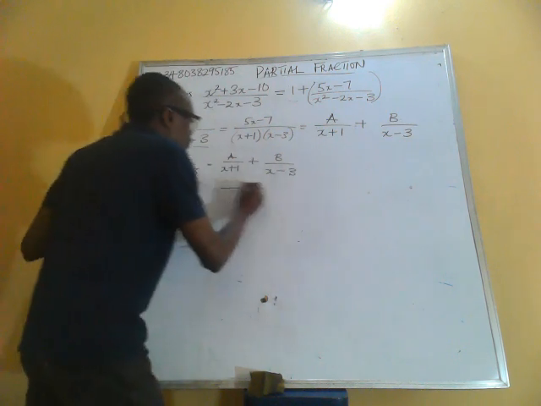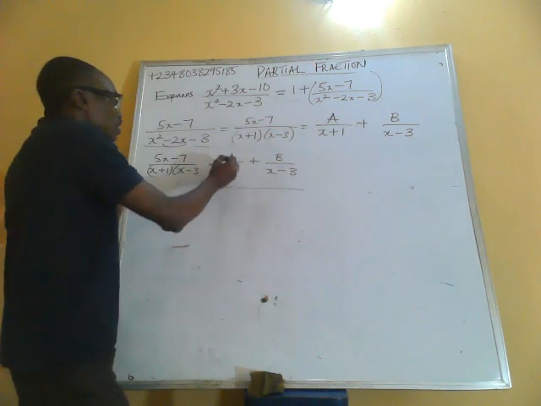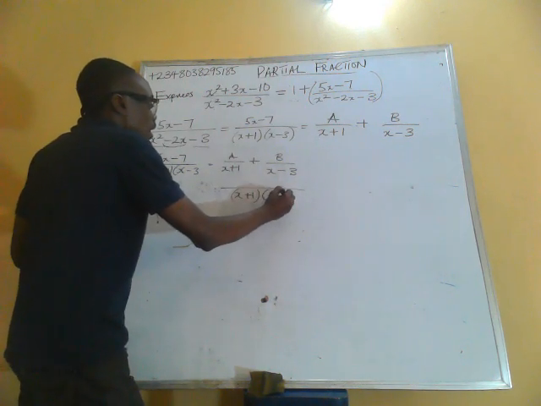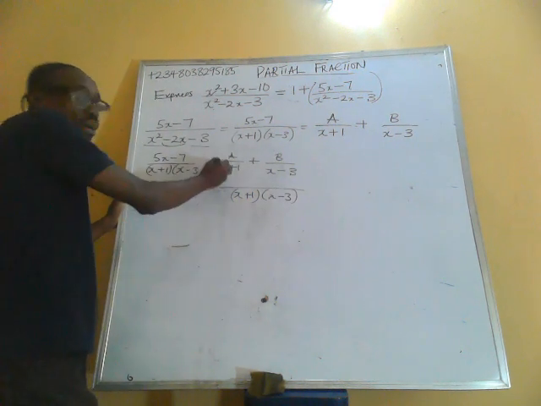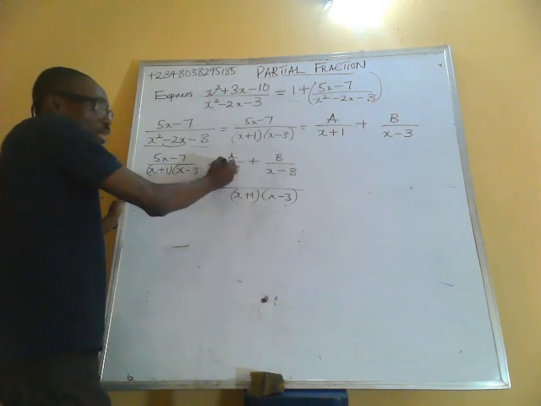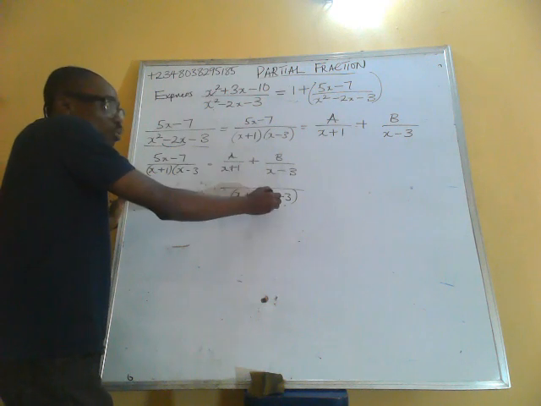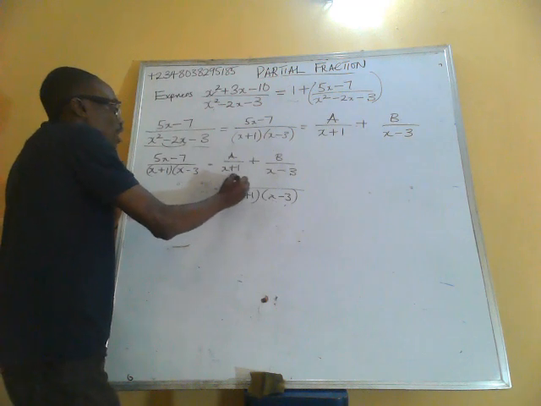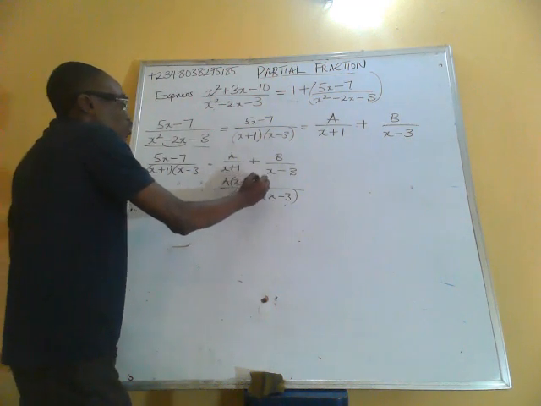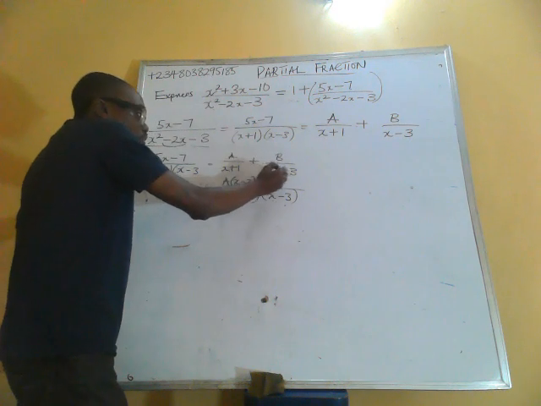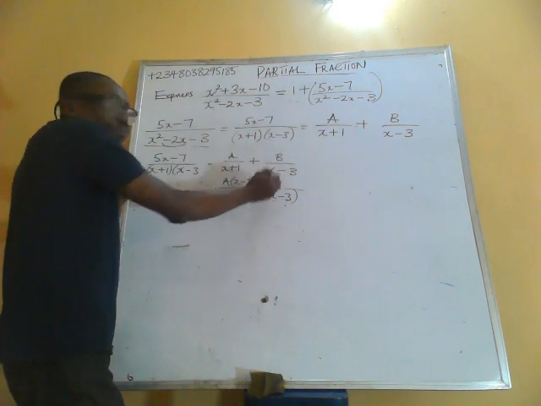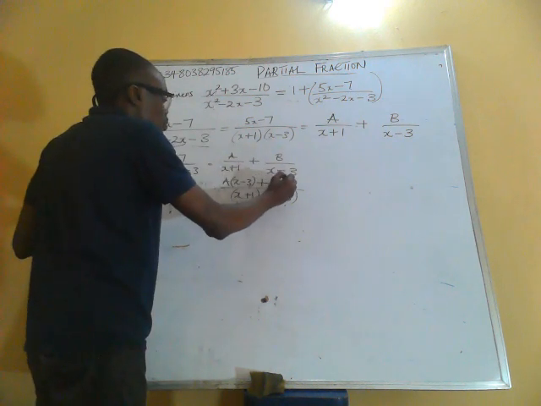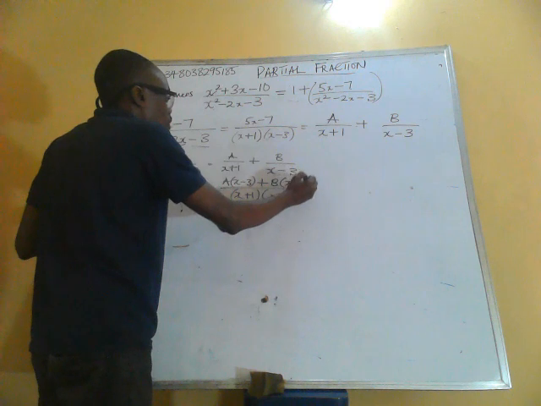The LCM of x plus 1 and x minus 3 is x plus 1 into x minus 3. In the LCM, x plus 1 will cancel x plus 1, leaving you with x minus 3. So a times x minus 3 gives you a into x minus 3. Then plus b: in the LCM, x minus 3 will cancel x minus 3, leaving you with x plus 1. So at the end of the day, you have b into x plus 1.